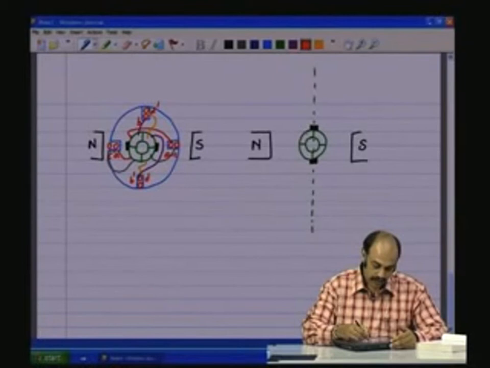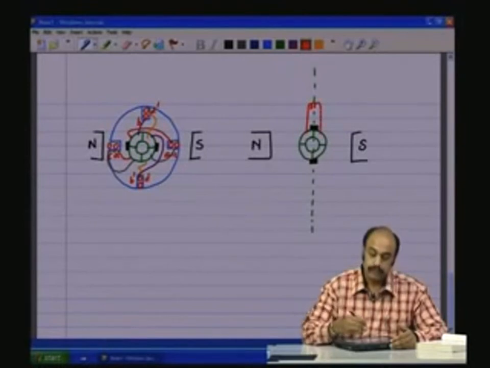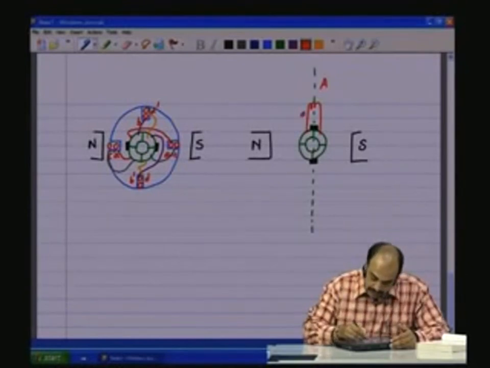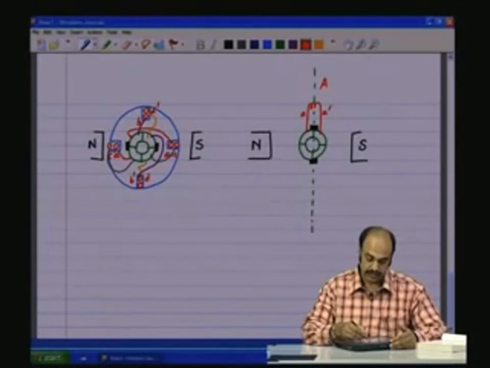So between this and this would be the A coil, let us say, which means this is A and this is A dash coil ends which are connected.